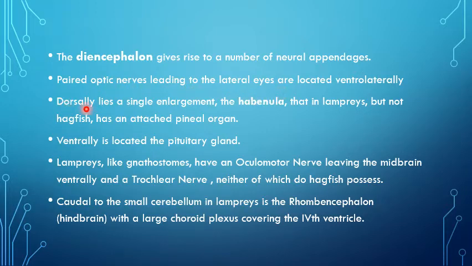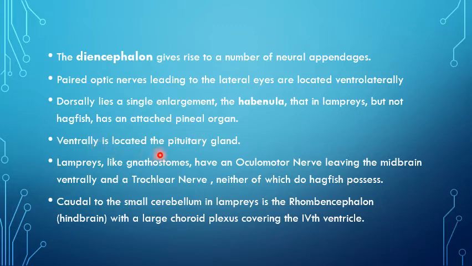On the dorsal side, there is a large structure known as the habenula, which is found in lampreys, and it has an attached pineal body. The function of the pineal body in anamniotes is production of melanocytes, while in amniotes it regulates the biorhythms.